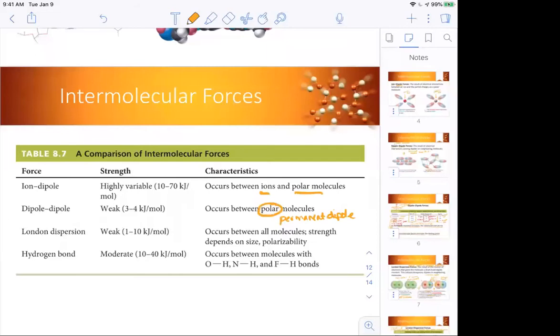London dispersion is present in all molecules, and its strength depends on the size and the polarizability. And for hydrogen bonds, I must have a hydrogen attached to an oxygen, a nitrogen, or a fluorine. I have to have that large difference in electronegativity, and the hydrogen becomes basically a bare proton, in order to maximize that type of electrostatic interaction.